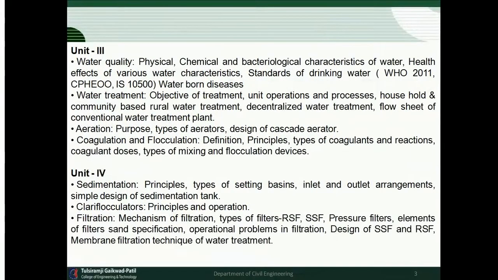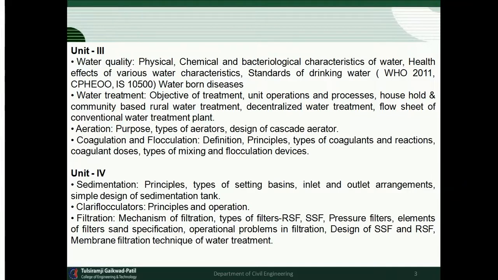Unit number 3 gives us the knowledge of water quality, which are physical, chemical and bacteriological characteristics of water, various objects of water treatment, unit operations and processes, and different processes which are used in water treatment plant such as aeration, coagulation and flocculation.